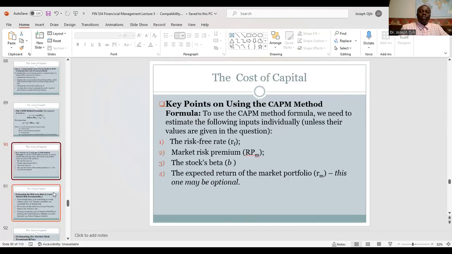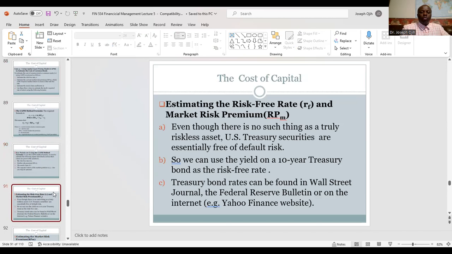Now, how do we figure out what a risk-free rate is, or what a market risk premium is, or what a stock beta is? If they are not given in a question, we estimate them. Let's start with the risk-free rate and the market risk premium.